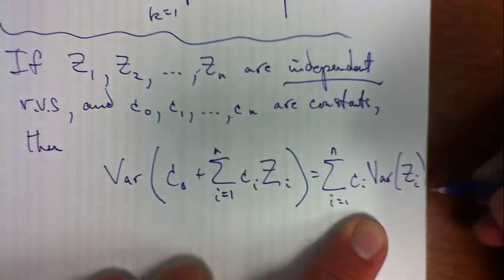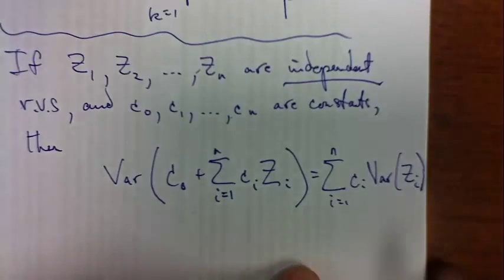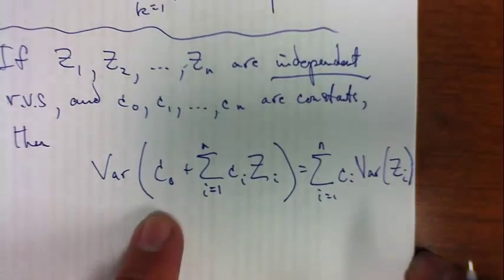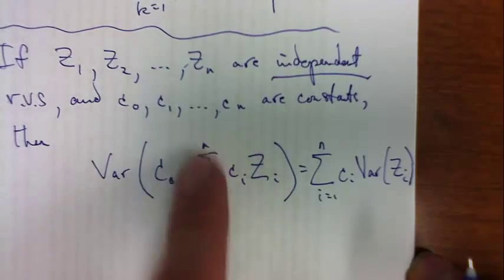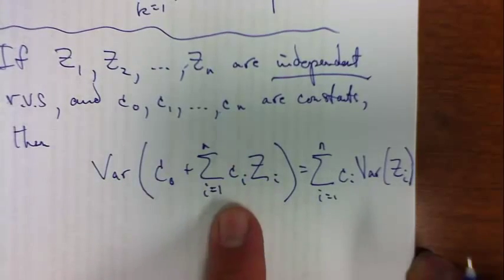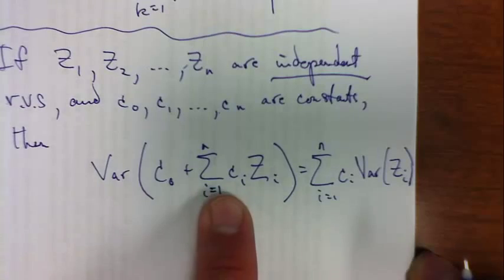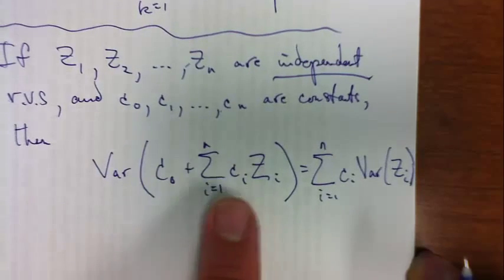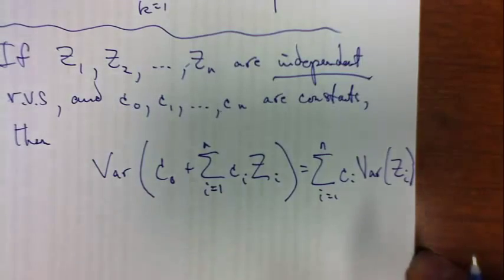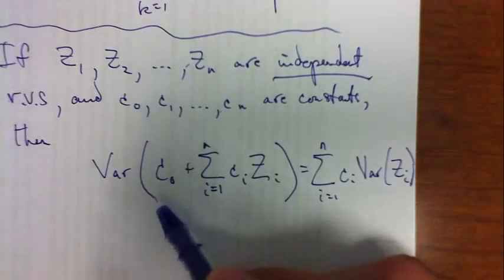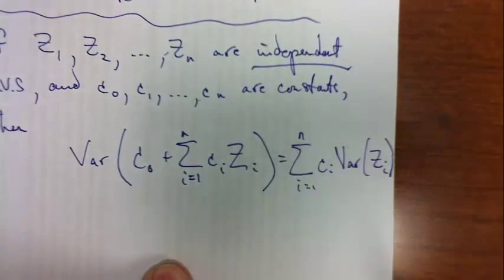And note that c0 goes away. You prove something like this in your homework. Adding a constant to something that varies doesn't change the variance. That makes a lot of sense, because when you add a constant to a random thing, you're just shifting where the random thing is located. It's going to change the mean, but it won't change the spread of that distribution. So that's why you don't see that constant appearing over here.